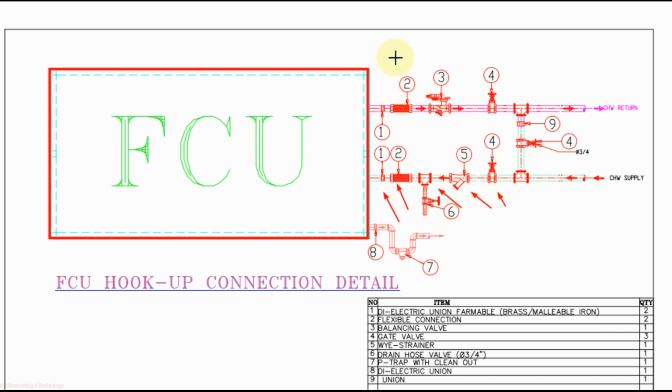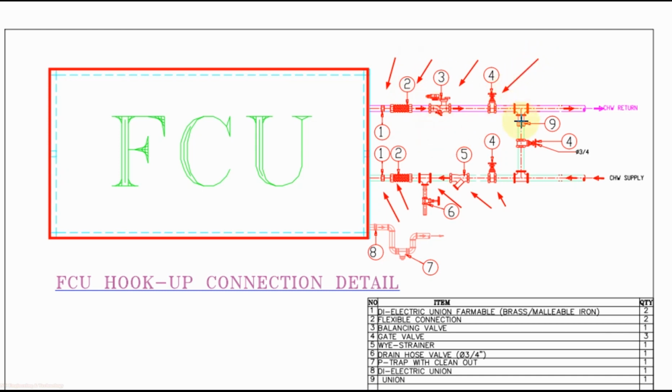In the return also dielectric union, then flexible, then we use balancing valve and control valve. You can use DRV. Most commonly used are PICV, pressure independent control valve. You can use automatic flow limiting valve. So whatever you can use as per your design, you can use here.